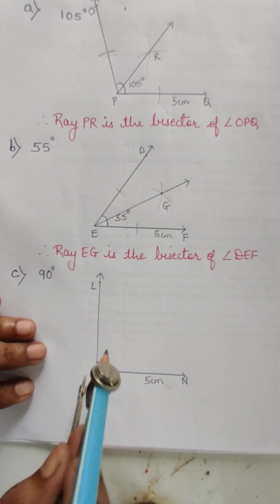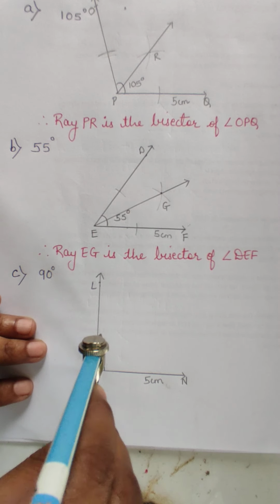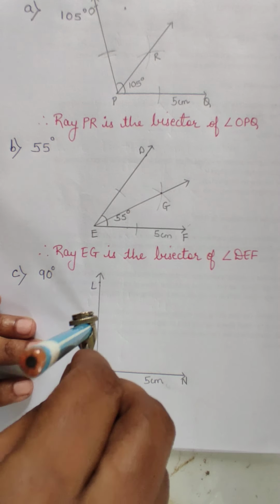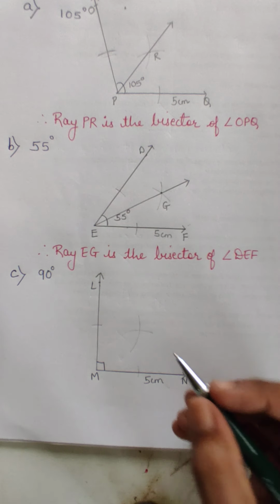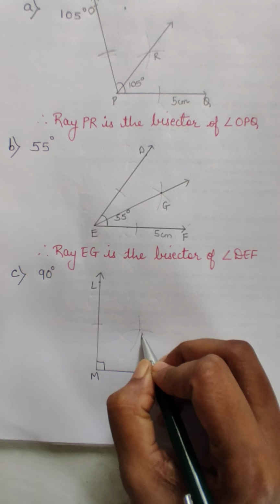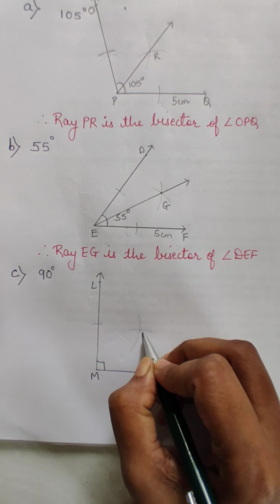Now I will take the appropriate distance. First I will make an arc on ray LM, then on ray MN. Same distance, I will keep it on the first arc, make an arc inwards. Then from the second arc, I will again make this arc. So here I get this point of intersection as P. Then I will draw ray MP.